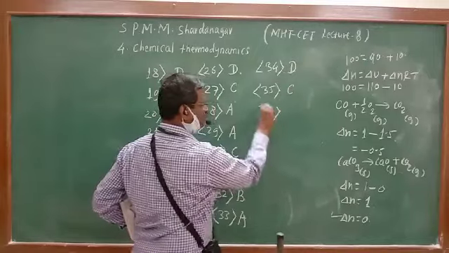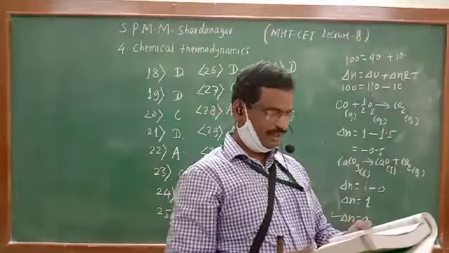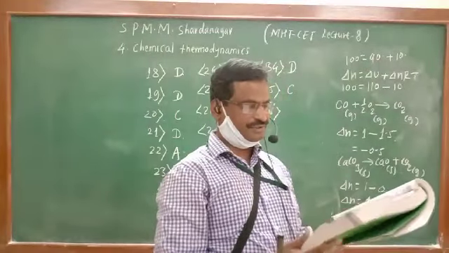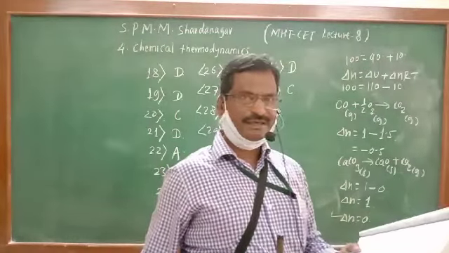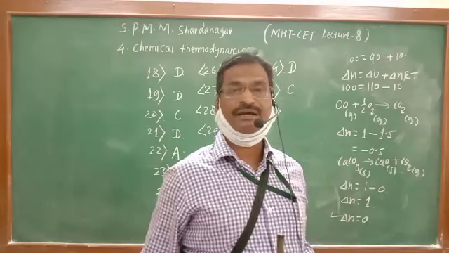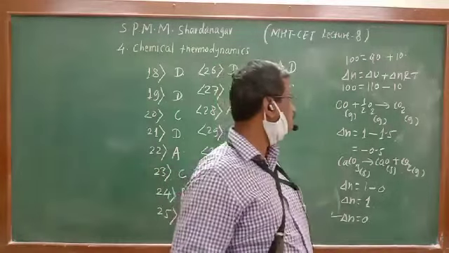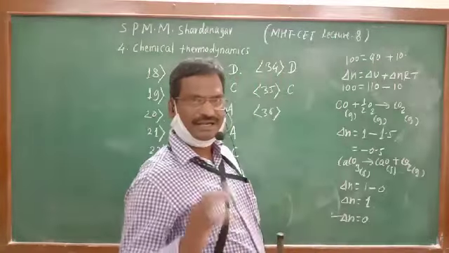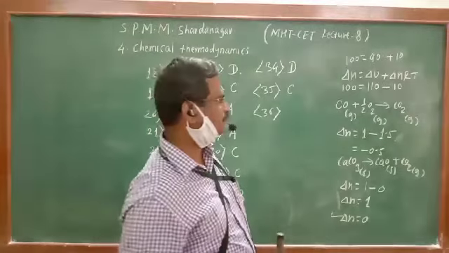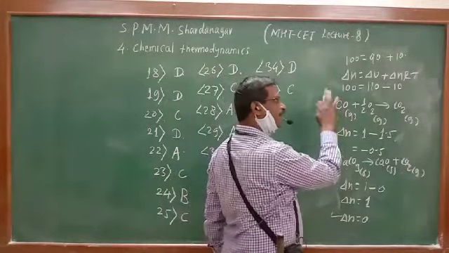Now question number 36. If delta H is the change in enthalpy and delta U is the change in internal energy accompanying a gaseous reaction, again find out the relation between delta H and delta U. So what is the relation I have explained here?